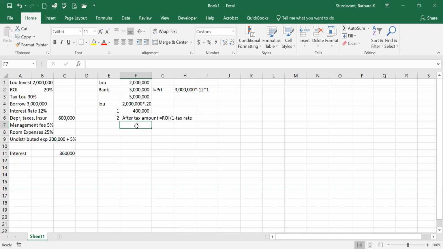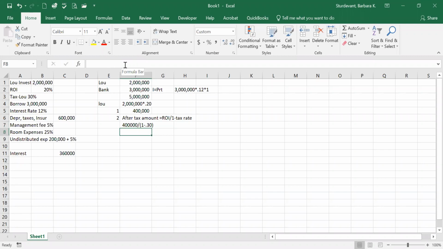So we take the 400,000 and divide by 1 minus his tax rate, which was 30%. Make sure you do the subtraction first, get your answer, and then divide.